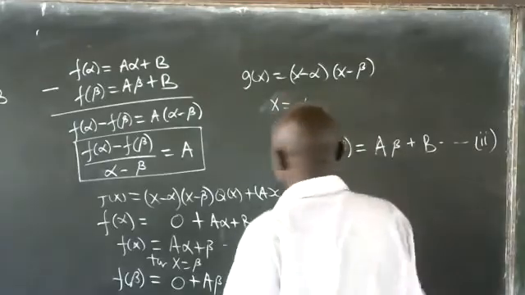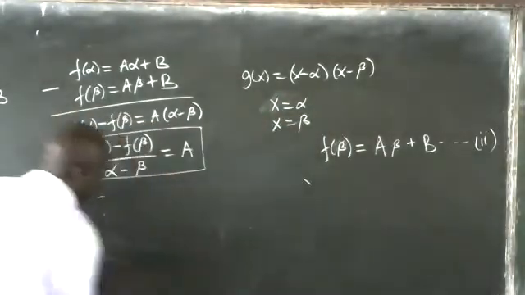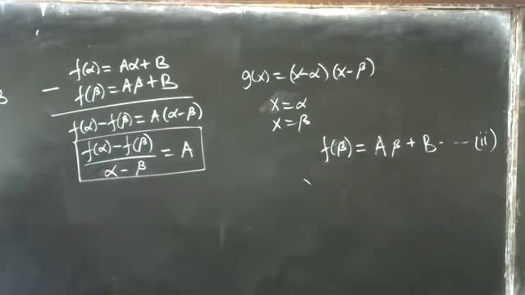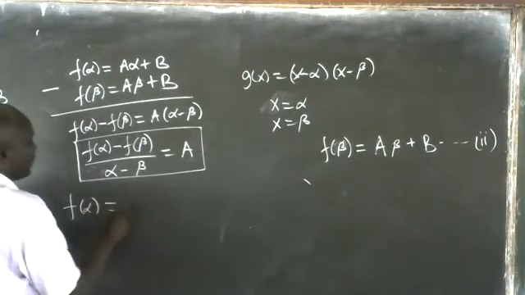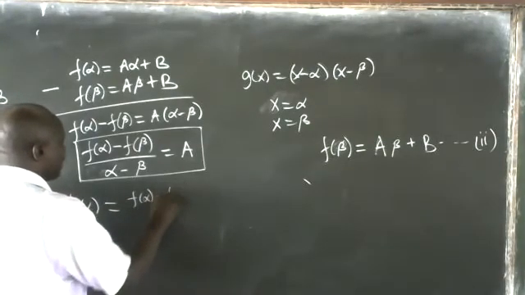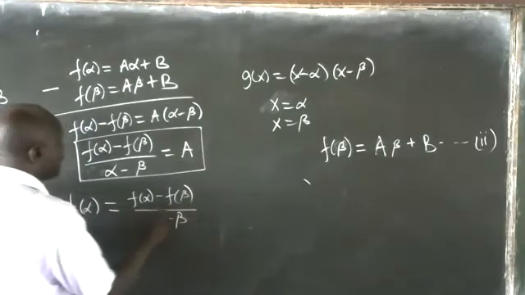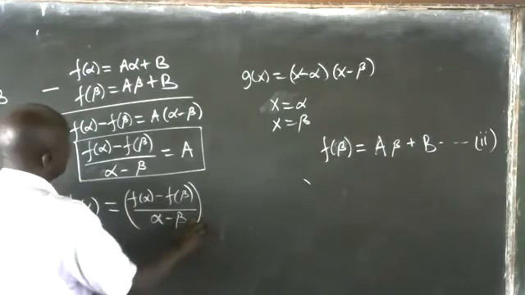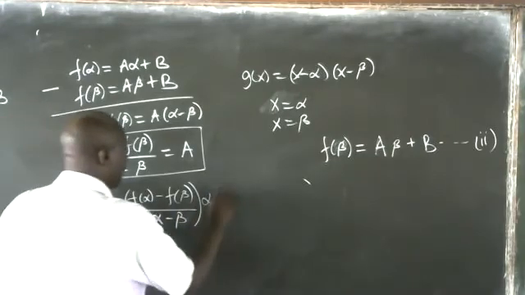But let us use the substitution method, saying now F alpha is equal to, instead of A, F alpha minus F beta over alpha minus beta, times alpha, plus B.